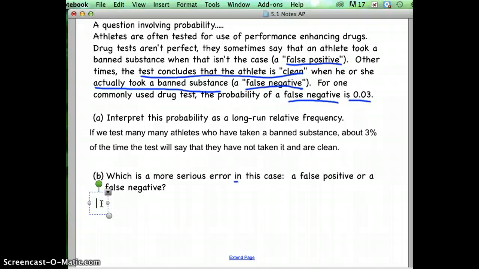Even people who have been jailed and then later proven innocent, it's hard for them to get jobs and it's hard for people to trust them, even though they didn't do anything wrong. It's just this social stigma. So I'm going to say a false positive is worse.